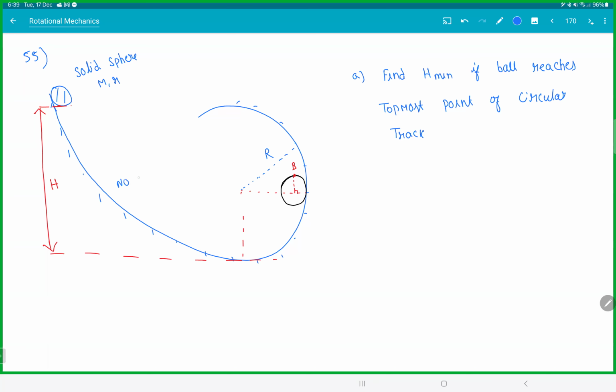There is no slipping anywhere. That is fine. Second question, if h is equal to h minimum, find the acceleration of point B when the sphere comes to the horizontal position.